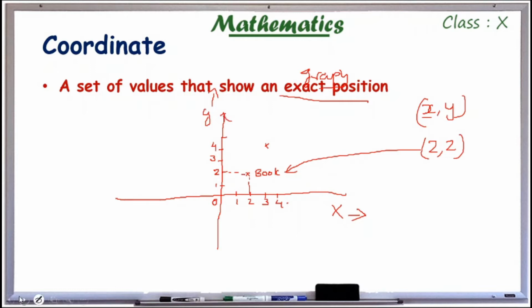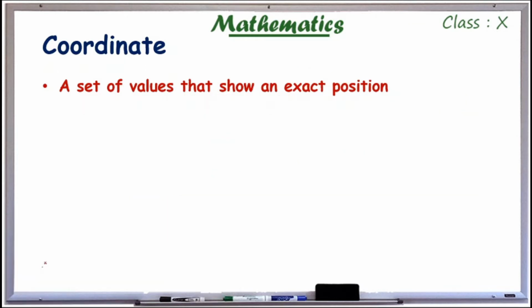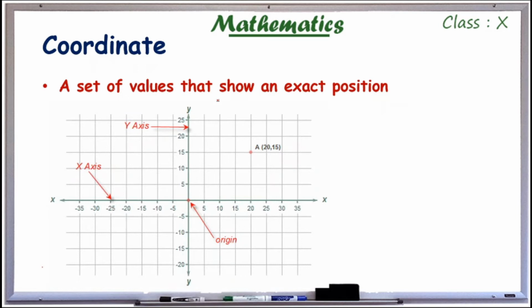So like this we can represent the position of an object or any point in a plane. So here it is a plane. I have x-axis here, y-axis, origin, and here A is marked. Here the point A is marked and the corresponding x value is 20, so 20 comma the corresponding y value is 15.